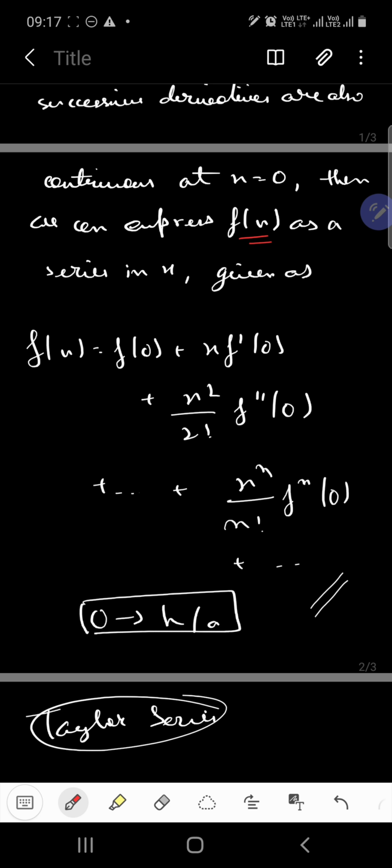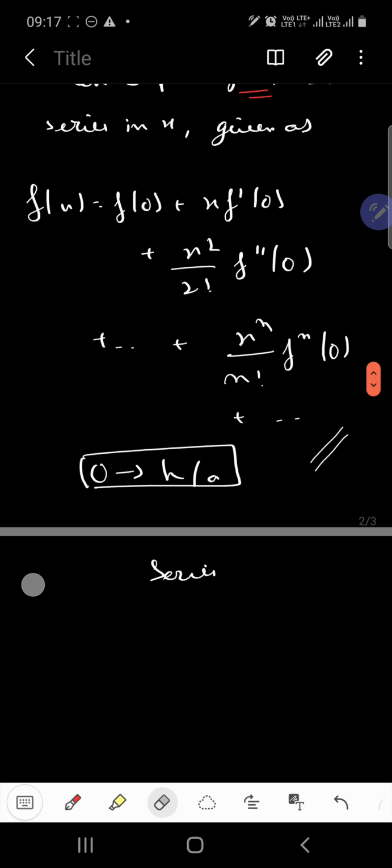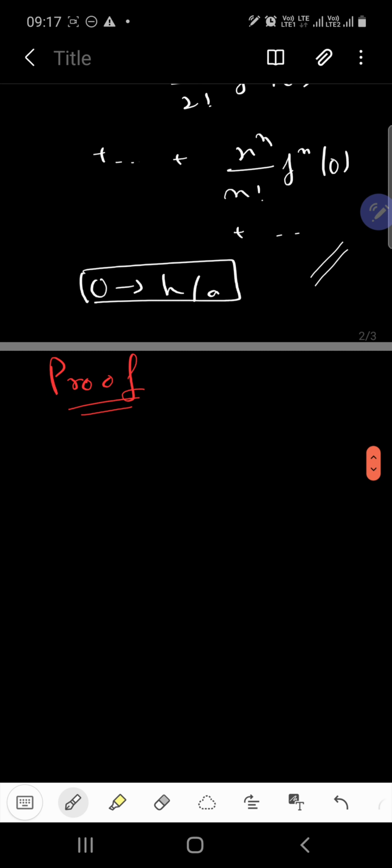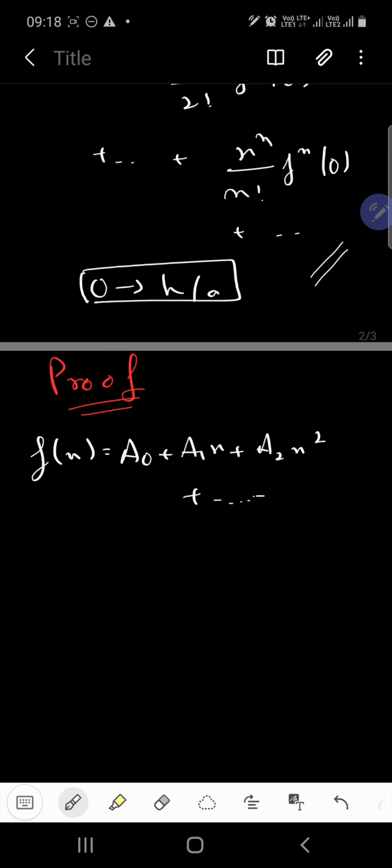Got it? Now what is the proof of the series? The proof of this series is kind of important. So let's see how we prove this statement. We have f(x) equals, say, a0 plus a1x plus a2x square till anx to the power n and so on.